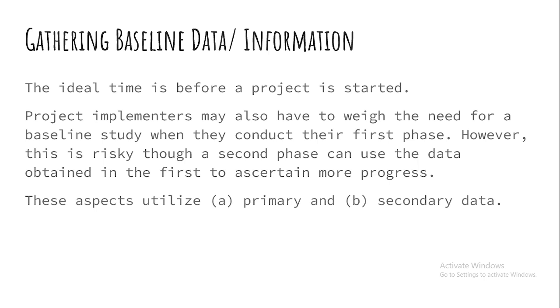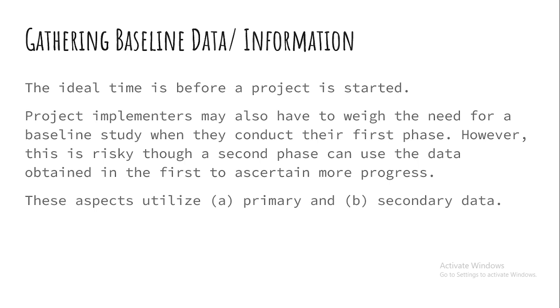So the project implementers may have to weigh the need for a baseline study when they conduct their first phase. However, this is risky, though a second phase can use the data obtained in the first to ascertain more progress. The aspects utilize primary and secondary data. In conducting your baseline, you can utilize primary data and secondary data.